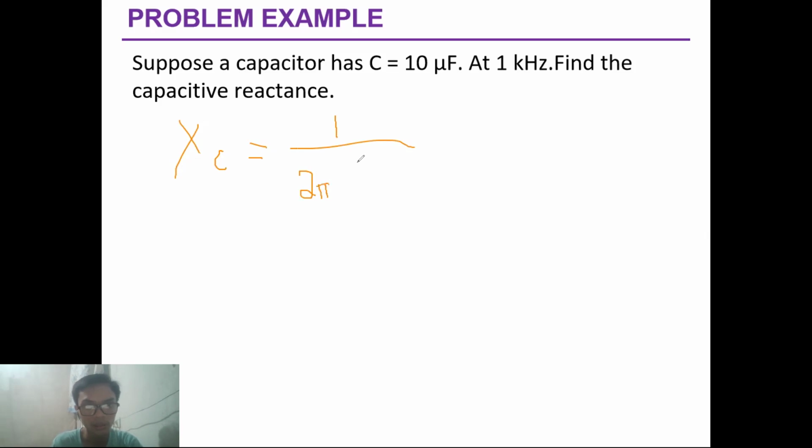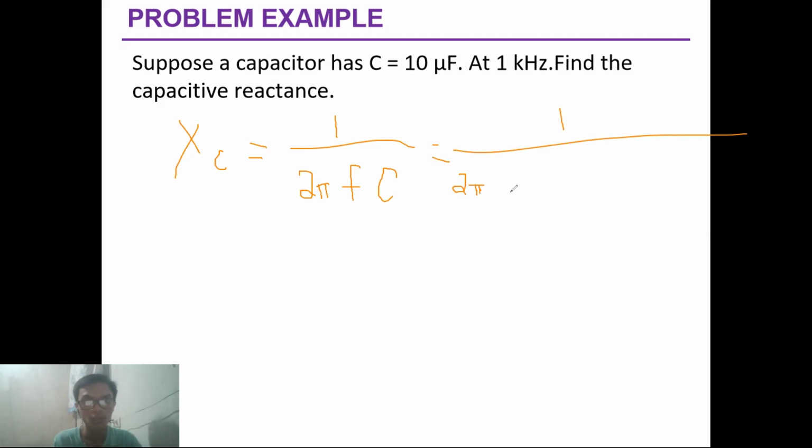Recall, memorize, much better. So substituting the values, we have 1 over 2 pi, where pi is equal to 3.14.